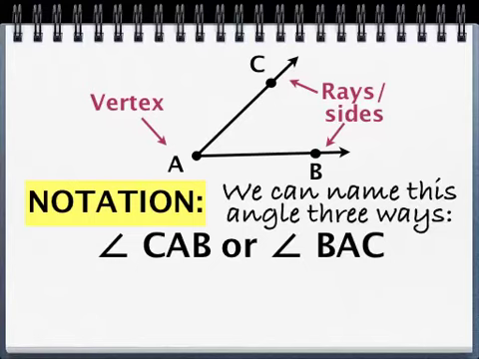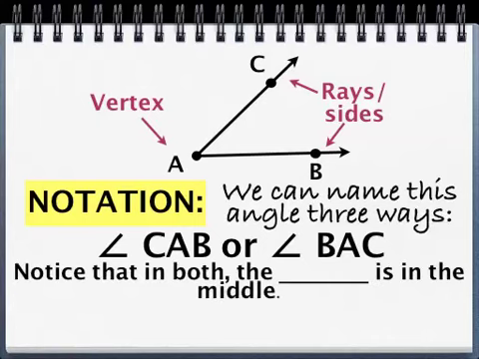I've used the 3 points from the angle, one on each side, and then the vertex. If you notice that in both, the vertex A is in the middle. That is important. The points from the sides, the order does not matter. The vertex always has to be the point in the middle of your notation.